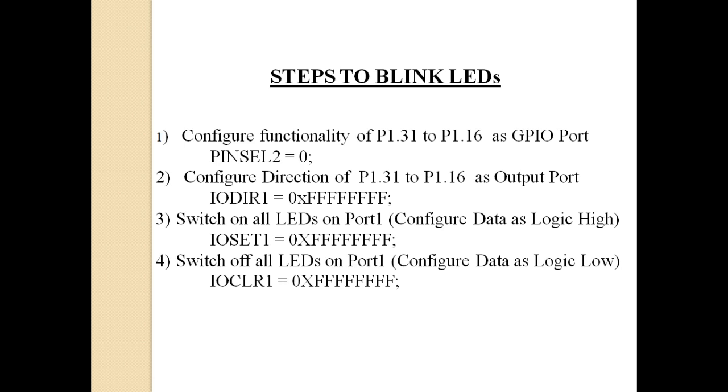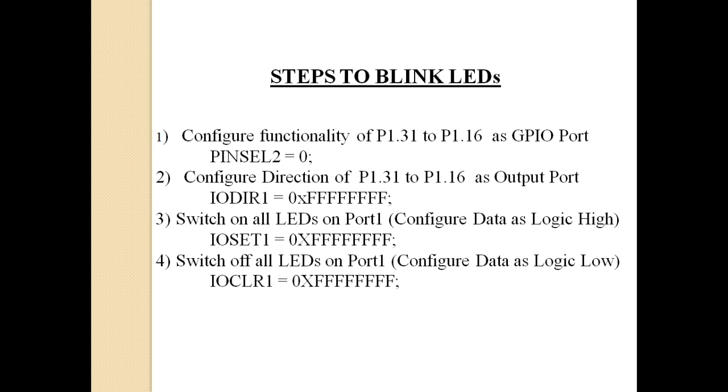That means the direction of those pins should be output. Why? Because LED is an output device. If you want to make the LED on, you need to generate a current signal or a voltage signal from the pin to the external world. So if you want to generate a signal on a pin, that pin should be configured as an output port pin, or the direction of that pin should be output.